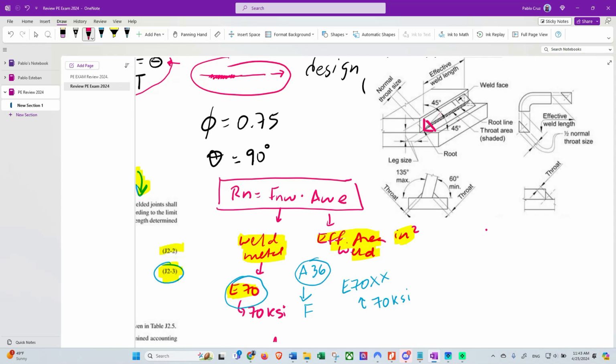And then we have here an effective weld length, the length of the welding, and then we have a weld face. Then we have what we call the throat area. This is the shaded area, and this shaded area is calculated.